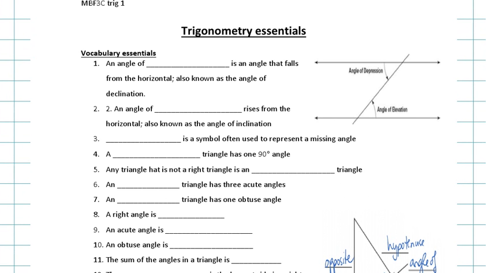Is this angle that falls from the horizontal, or is this angle that's falling from the horizontal? The first one, that's right. So this angle right here is the angle that's falling from the horizontal. So this is your horizontal line.